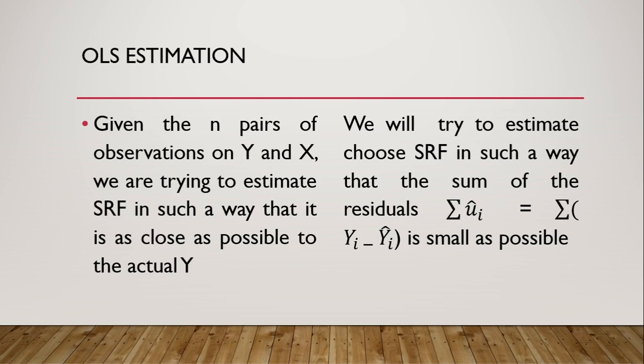We have already found that sigma ui hat is equal to sigma Yi minus Yi hat, where Yi is the actual observation of Y and Yi hat is the estimated value of Y. So we are trying to estimate the sample regression function in such a way that the sum of residuals is as small as possible. We are trying to minimize the sum of the residuals in any estimation process.